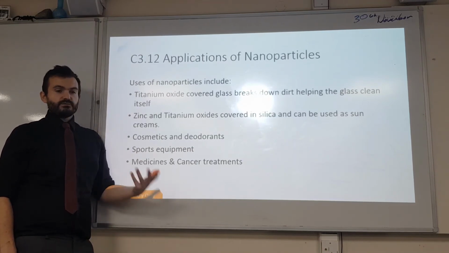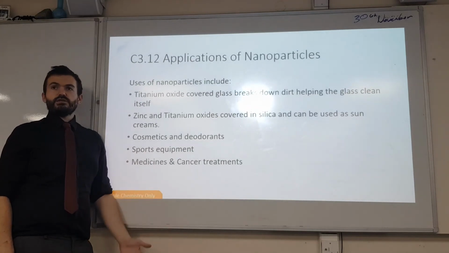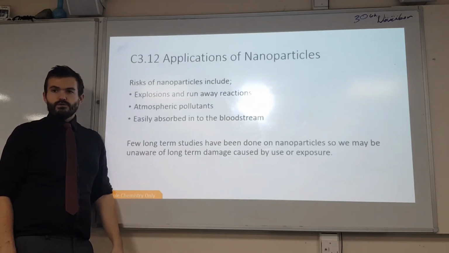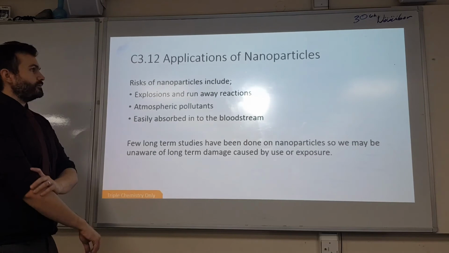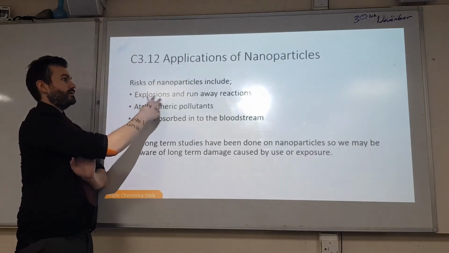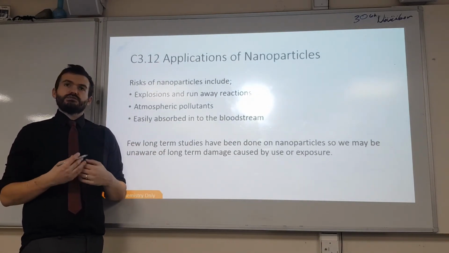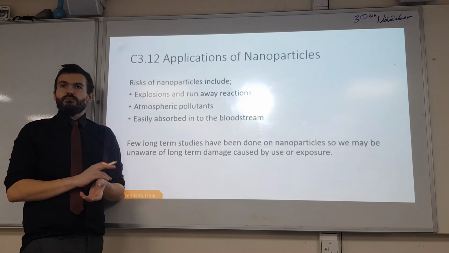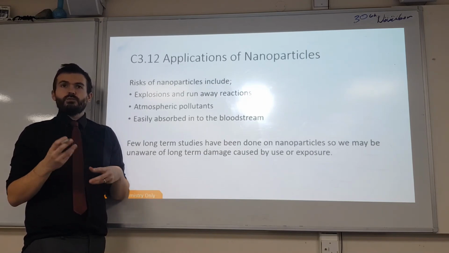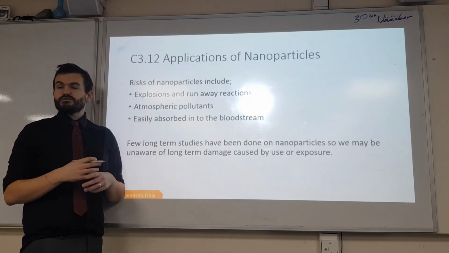So nanoparticles have been used for a long time, but ultimately they've not been studied a huge amount. So we've got these risks. The biggest one that I've experienced is we've got explosions and runaway reactions. The reactivity of these things is immense compared to normal, because their surface area might normally be 1,000 times more or 10,000 times more.